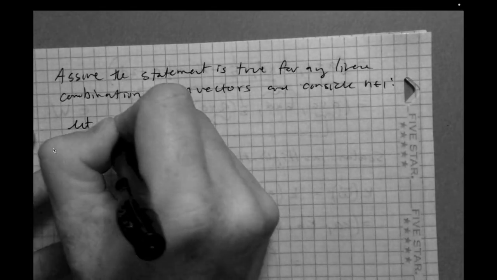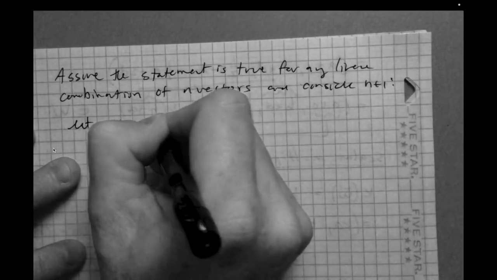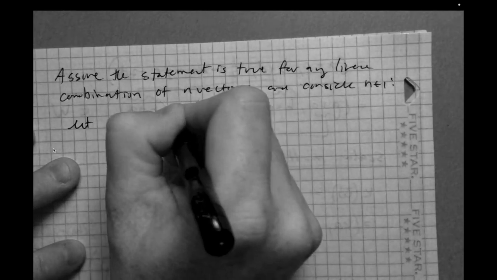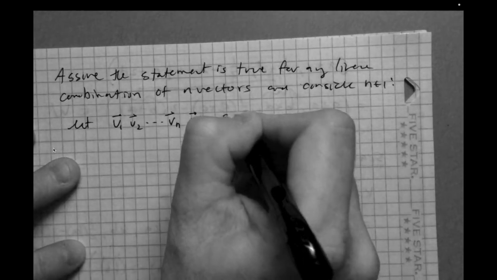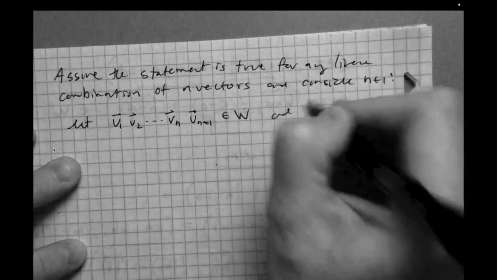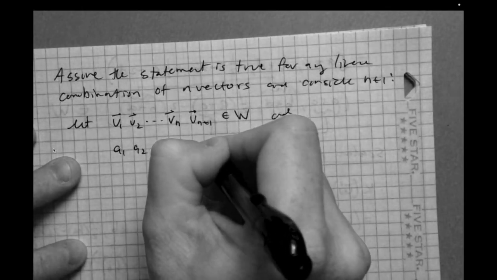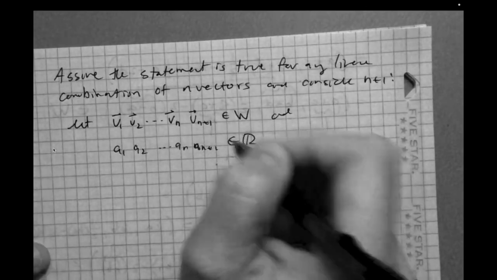So here again we'll let V1, V2, dot, dot, dot, Vn, Vn plus 1, these are all vectors, be elements of W, and A1, A2, dot, dot, dot, An plus 1 are real numbers.